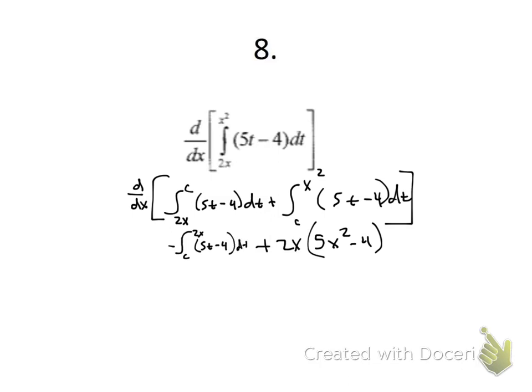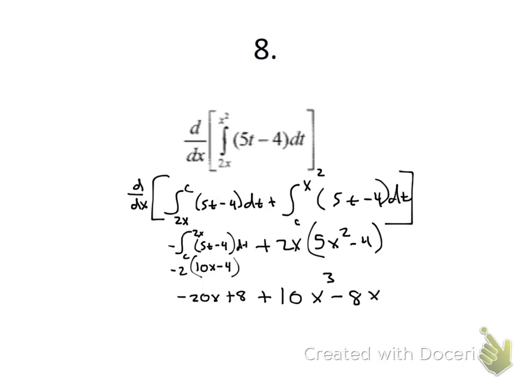So I could say 5 times 2x, which is 10x minus 4, times what's the derivative of 2x? 2, and don't forget the negative 2 out in front. So that would become what? Negative 20x plus 8, plus over here I had what? 10x cubed minus 8x.